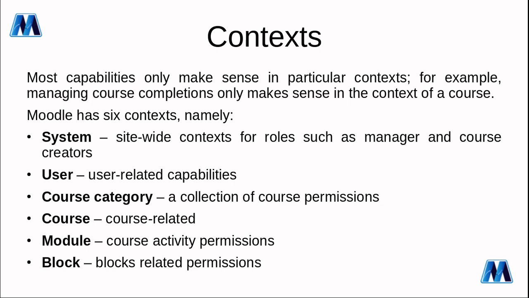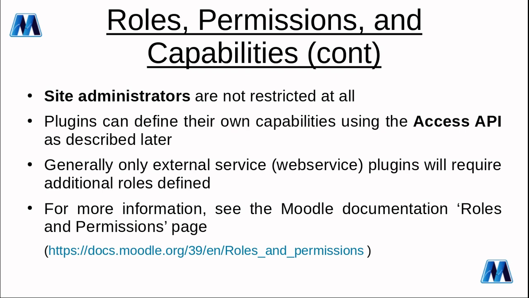We've got course related ones, and even more granular module and block related contexts. Site administrators are a special type of user. There's no restrictions, and normally there's no capability check whatsoever.